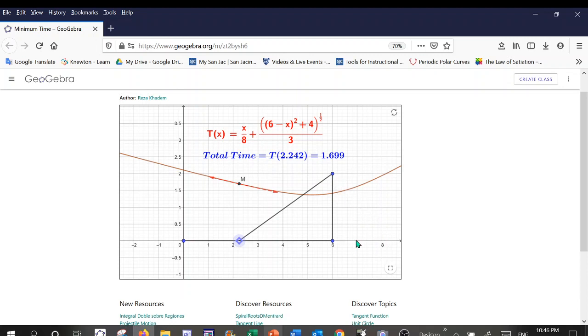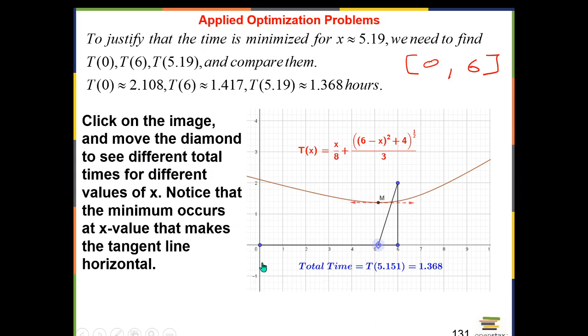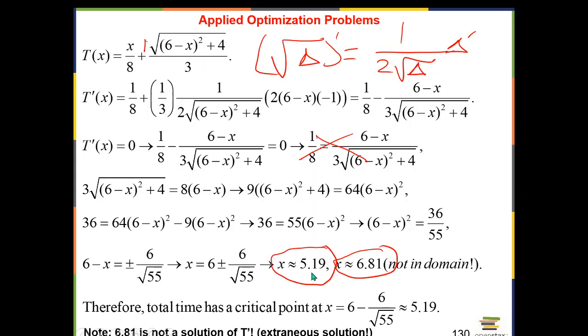So obviously past 6 you're going to increase your time. There is no way you can get a minimum here. And where did that number come from? Well, that number that we found, which was 6 point something, was an extraneous solution that we got. Remember, with square roots, for radical functions, we can get extraneous solutions. So that was an extraneous solution that we got.